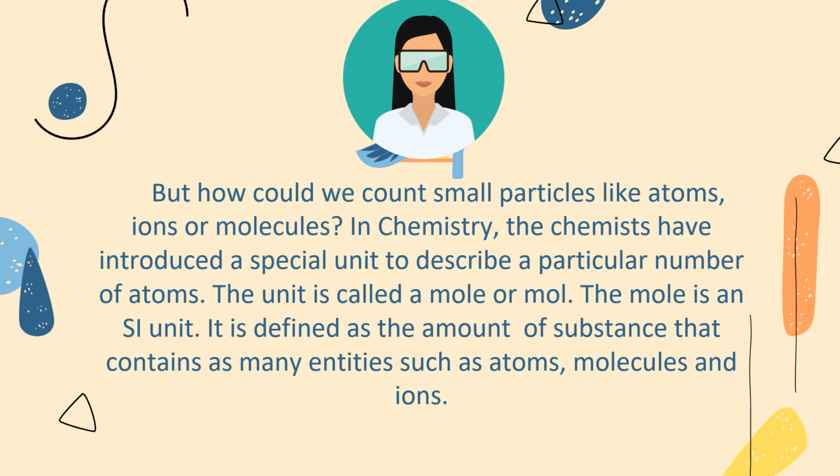In chemistry, chemists have introduced a special unit to describe a particular number of atoms. The unit is called a mole. The mole is a Systeme International unit. It is defined as the amount of substance that contains as many entities like atoms, molecules, and ions.